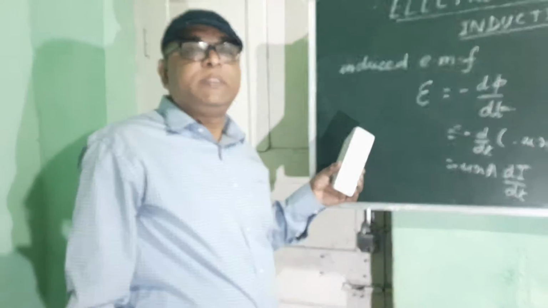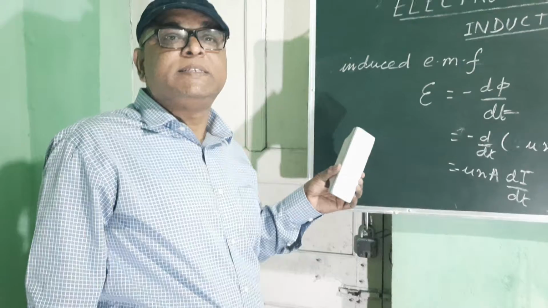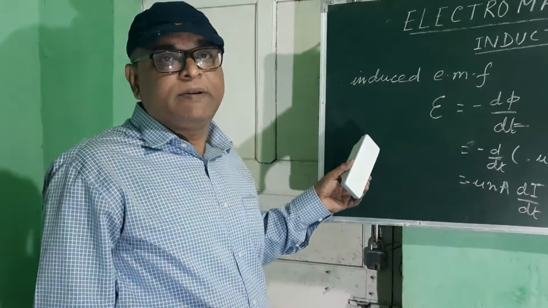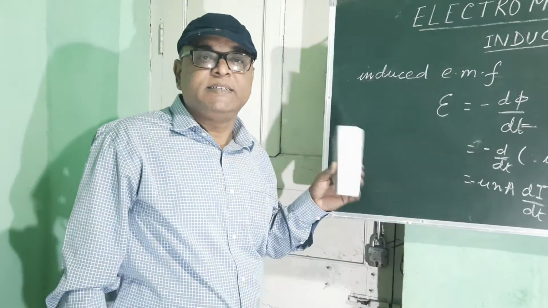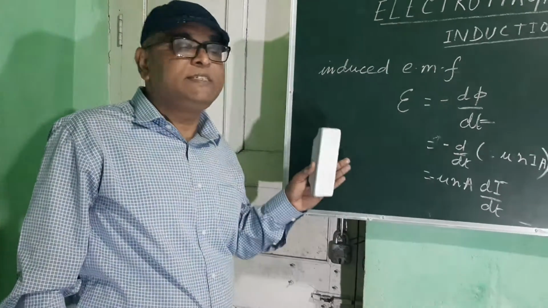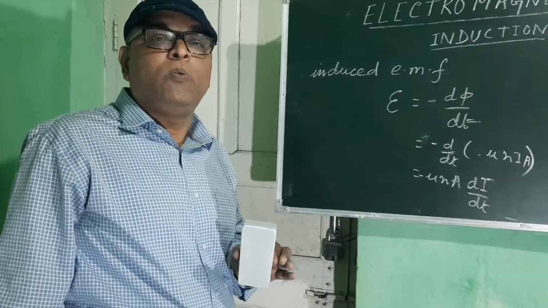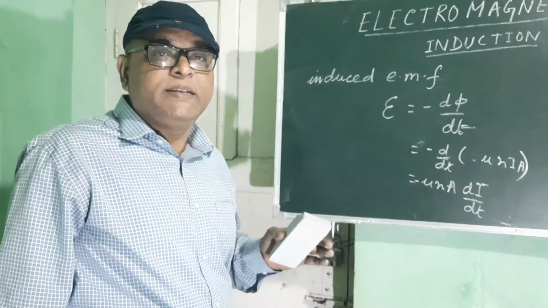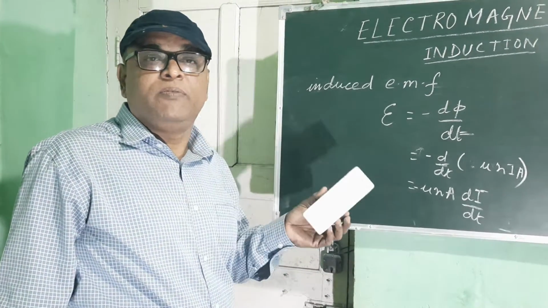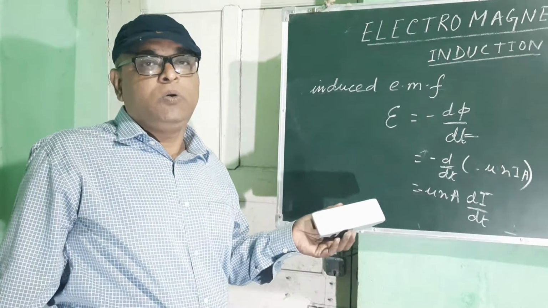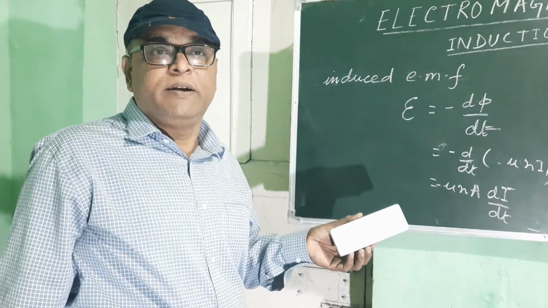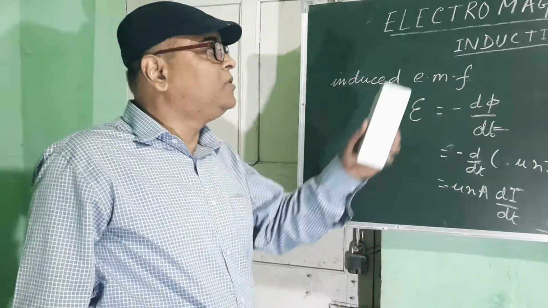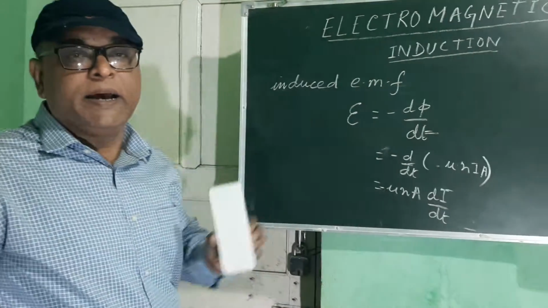And there is one very important thing, the AC generator. In this chapter, the application is the AC generator. With the help of the AC generator, current will be produced for our daily life. If no current is present, nothing is possible. So the generation of current is the application of electromagnetic induction.